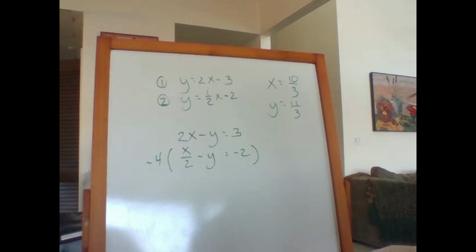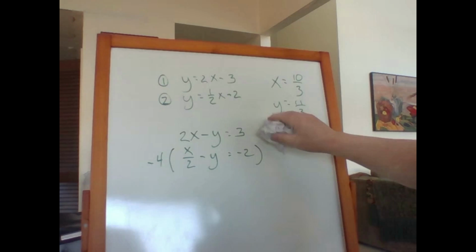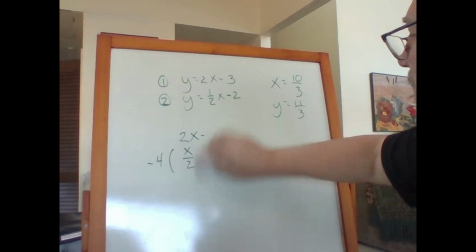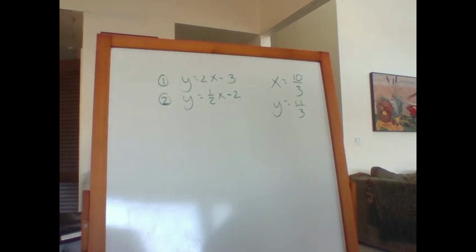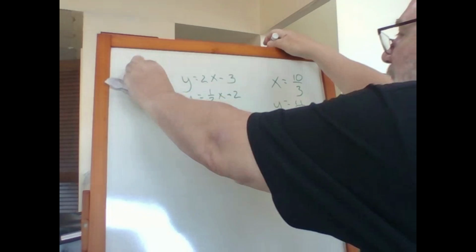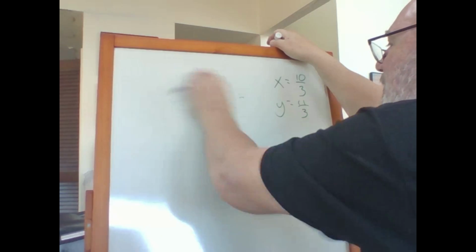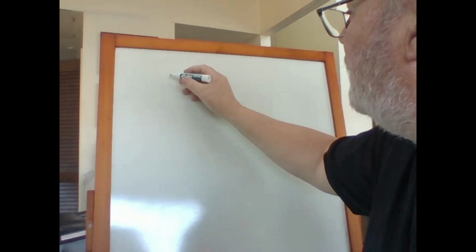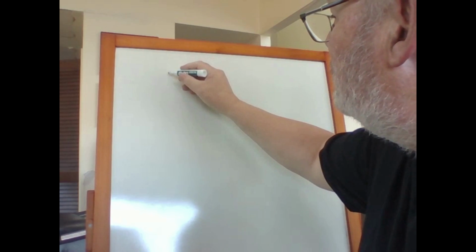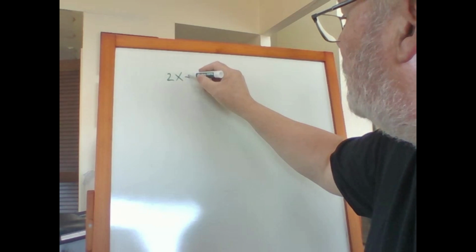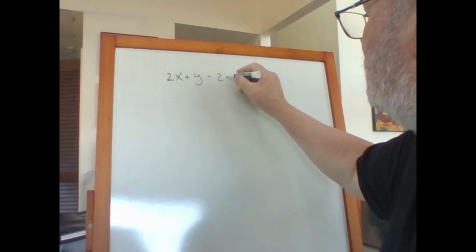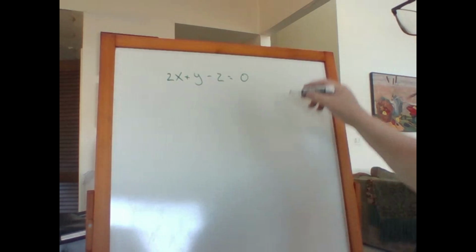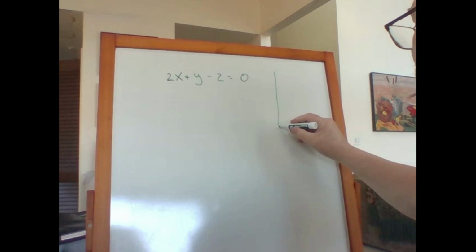Okay, now this is all well and good. But what happens now if we throw in something like this? We have 2x plus y minus c equals 0, and that's three-dimensional.